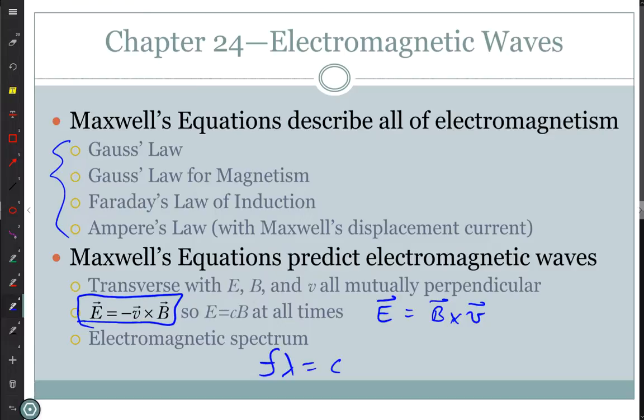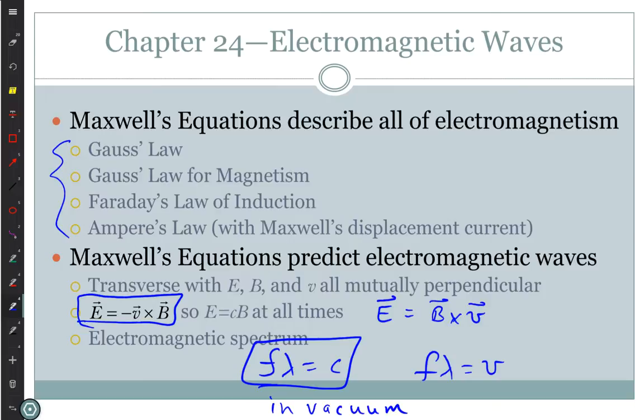What does C stand for? Speed of light. More specifically, it's the speed of light in vacuum. So frequency times wavelength is equal to the speed if it's not in vacuum. This here applies if it's in vacuum. Most of what we do, we talk about in vacuum.